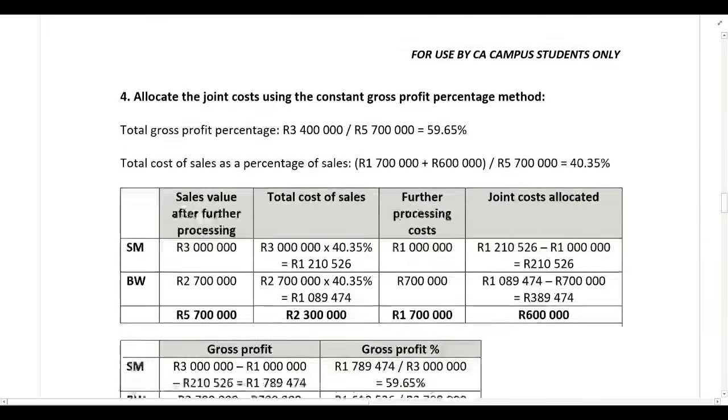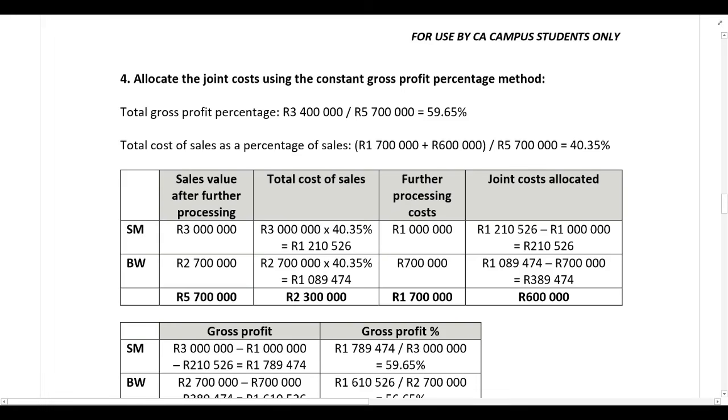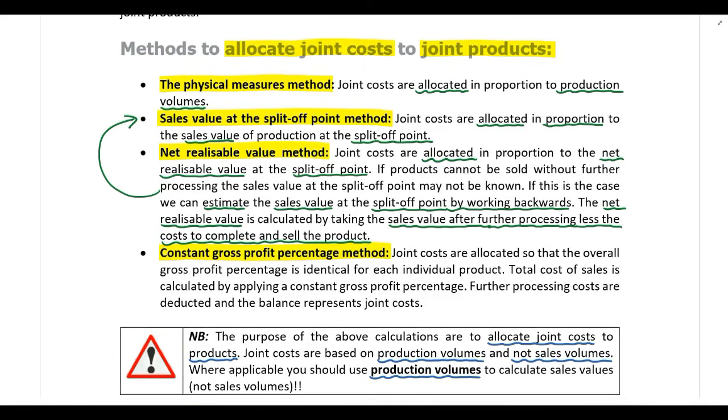Now the next method of allocation is going to allocate the joint costs using the constant gross profit percentage method. So if you go back to your lecture notes, the joint costs are going to be allocated so that the overall gross profit percentage is identical for each individual product.